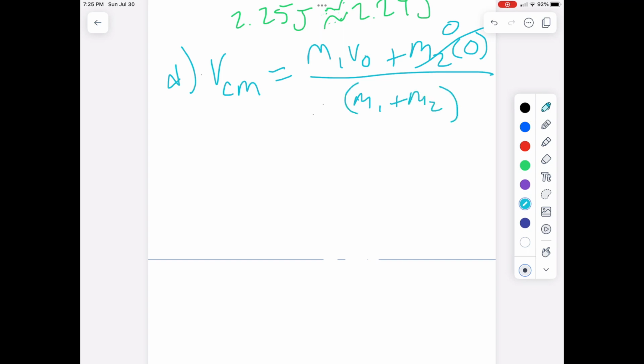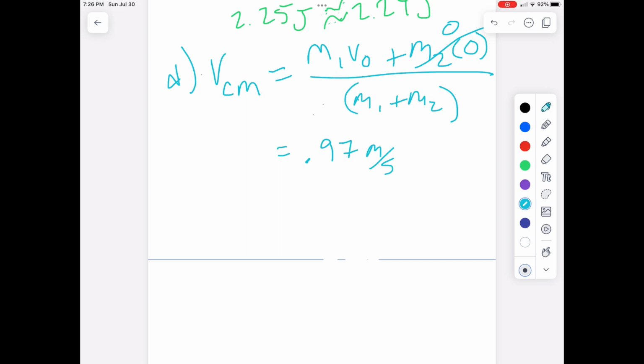This is just using our equation for speed of center of mass. All right, so then if I put this in my calculator, I get 0.5 times 3 over 1.55. And I get that my speed of the center of mass is equal to 0.97 meters per second.